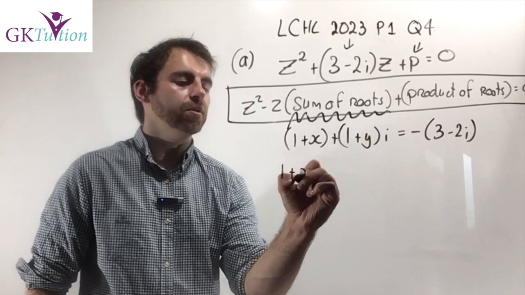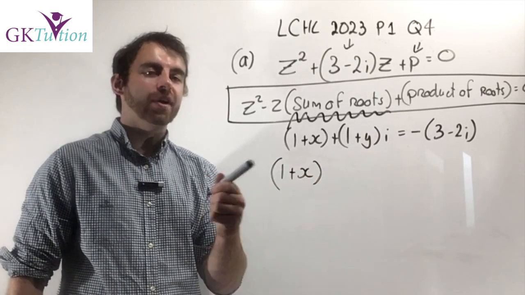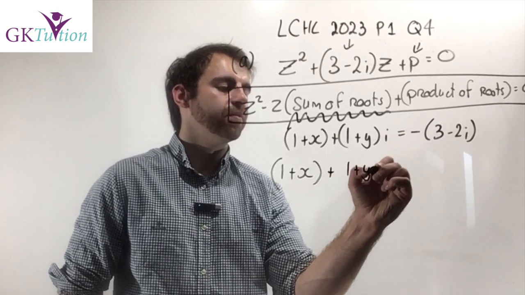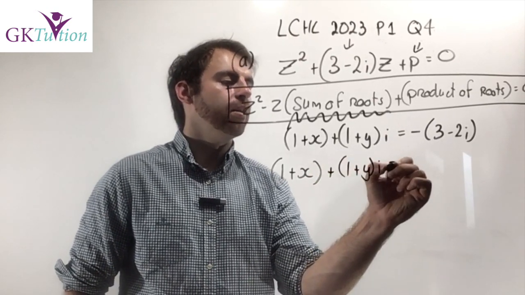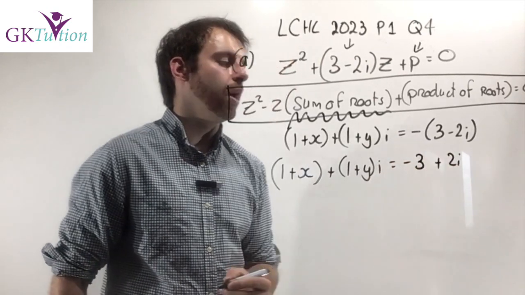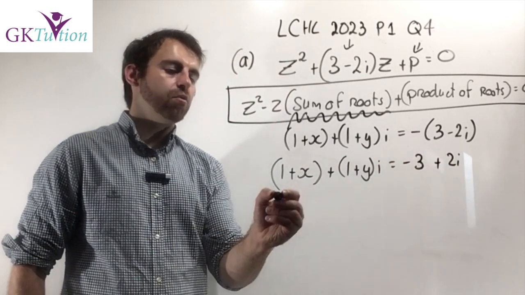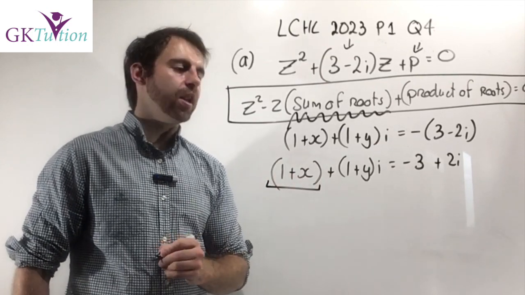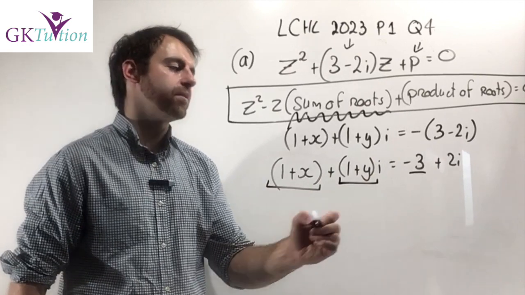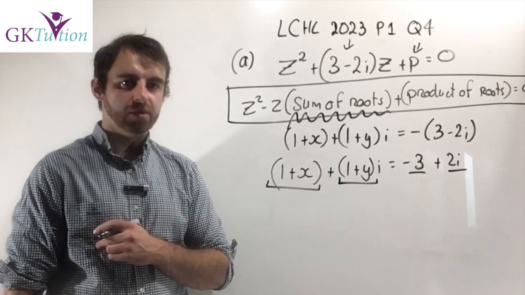So I'm going to do nothing with the left-hand side. The real value on the left is 1 plus x. The imaginary value on the left is 1 plus y. And on the right, I'm just changing the signs. I get minus 3 plus 2i. And I can solve this. Remember that the real terms on the left have to be equal to the real terms on the right. The imaginary terms on the left have to be equal to the imaginary terms on the right.